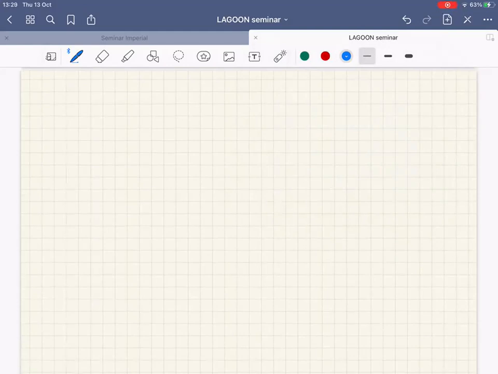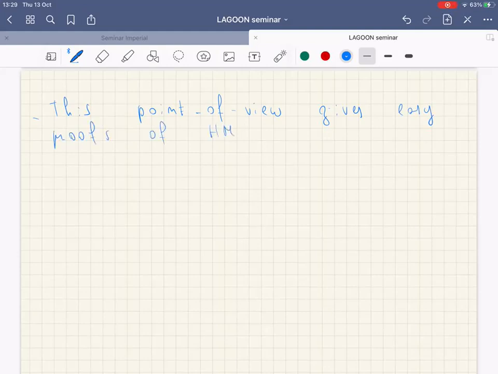So this point of view gives very easy proofs of homological mirror symmetry for some punctured curves.